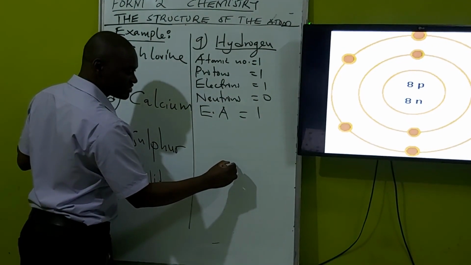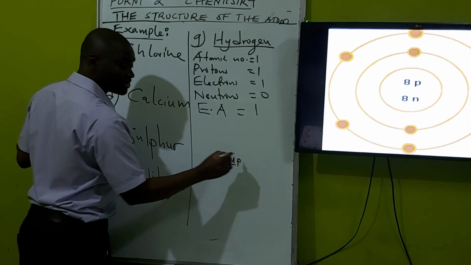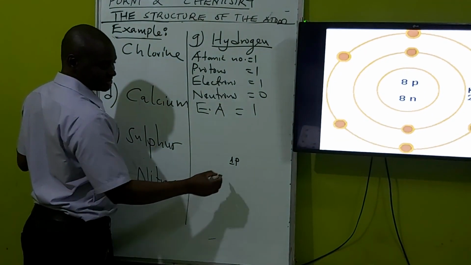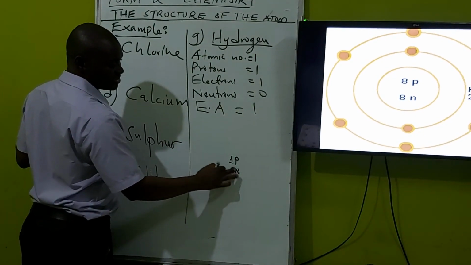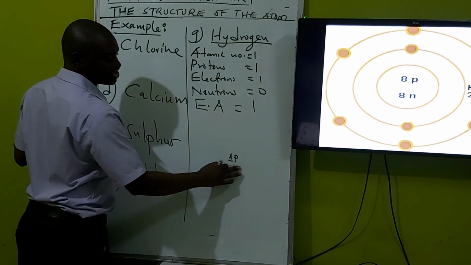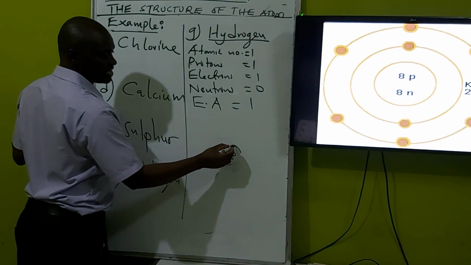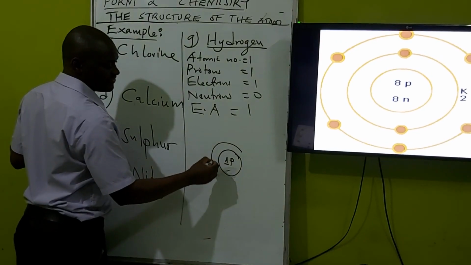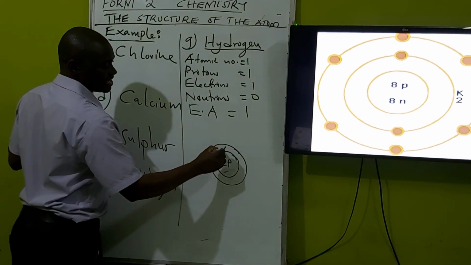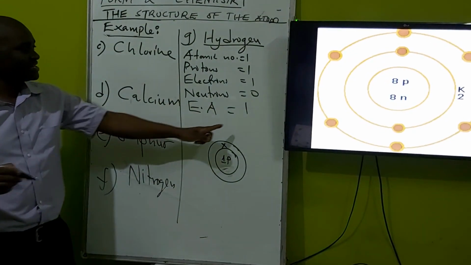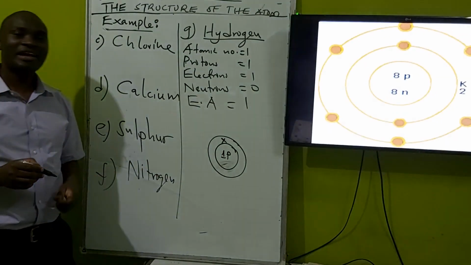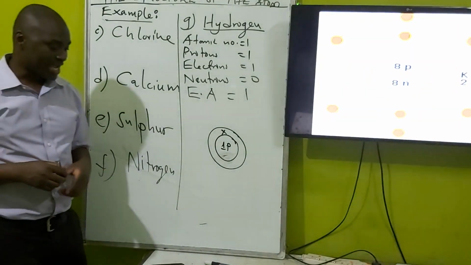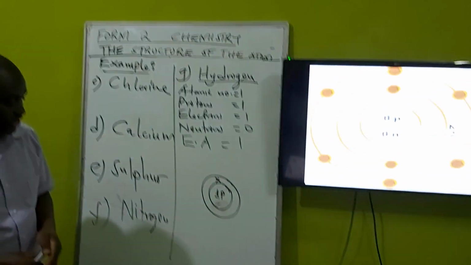So we only have 1 proton and no neutron. So we can write 0 neutrons, which does not change anything. So that is the nucleus, and then the first energy level has 1 electron. That's hydrogen, very simple. That is how we write the electron configuration.